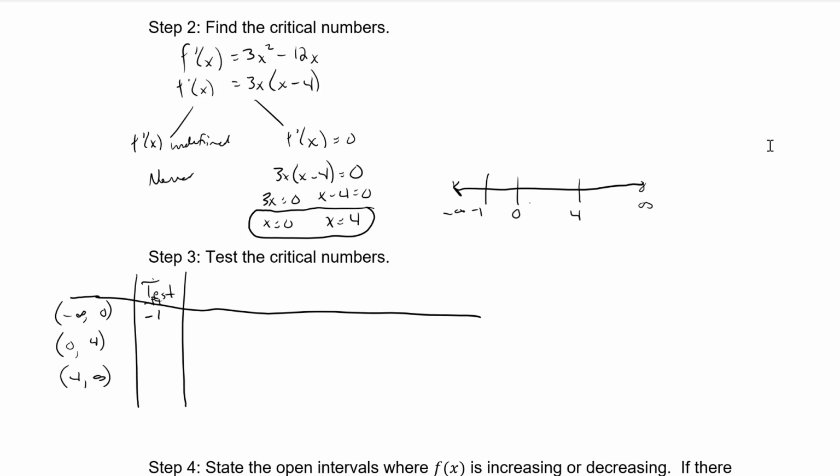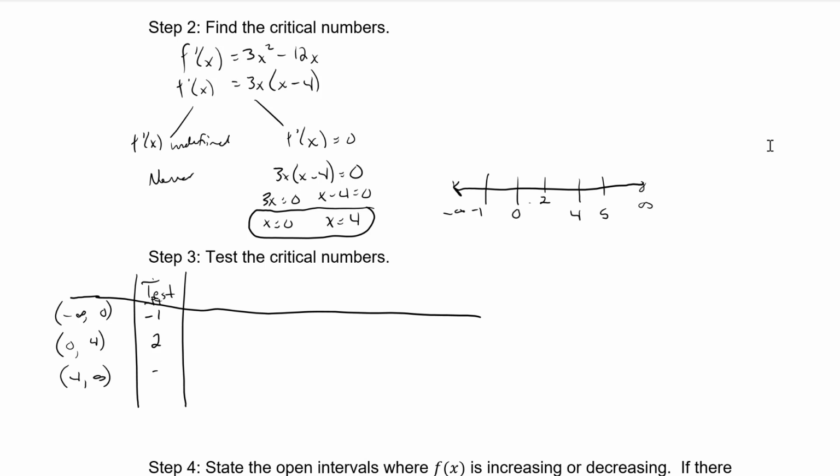Between 0 and 4, a good easy number would be 1. Actually, I'm going to pick 2, just for fun. These test points have to be inside the interval, and they can't be the critical values themselves. And then between 4 and infinity, let's pick 5.